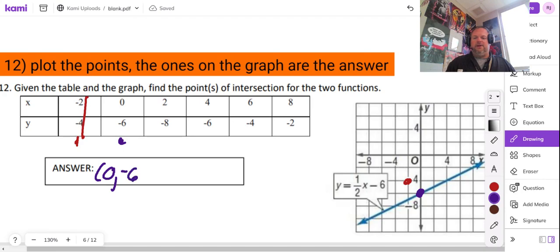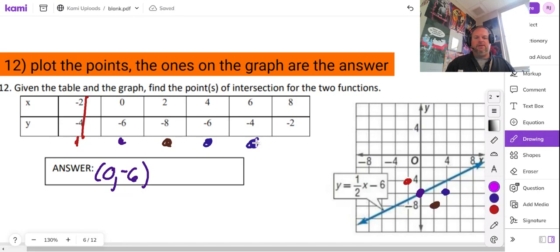I will get better graphs. If y'all happen to miss these because the graphs are weird, that's on me. That is not on you. 2, -8. 4, -6. That's supposed to be pink.